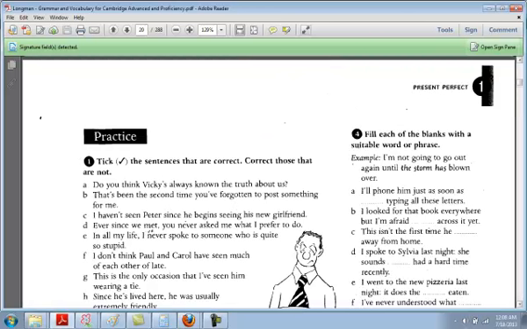Okay, let's see the next one. In all my life, I never spoke to someone who is quite so stupid. I have never spoken to someone who is quite so stupid. I don't think Paul and Carol have seen much of each other of late. I think this one is correct. Number F. Letter F. G. This is the only occasion that I've seen him wearing a tie.